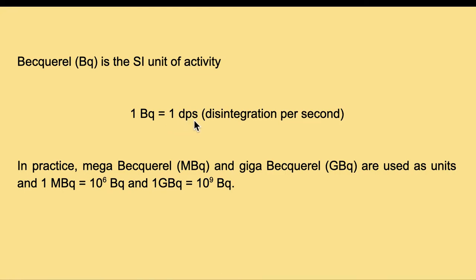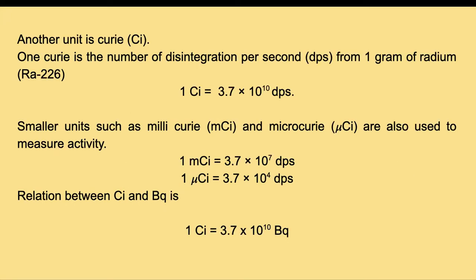So in practice, megabecquerel and gigabecquerel are used as units, and you can write 1 megabecquerel is 10 raised to 6 becquerel and 1 gigabecquerel as 10 raised to 9 becquerel. And another unit is curie, that you are writing as Ci.